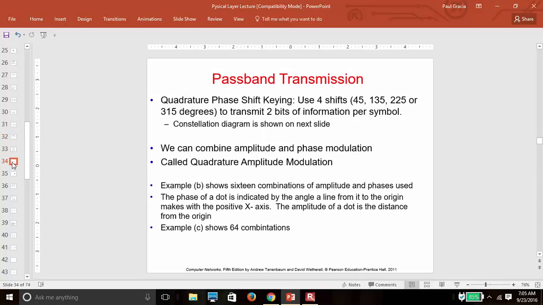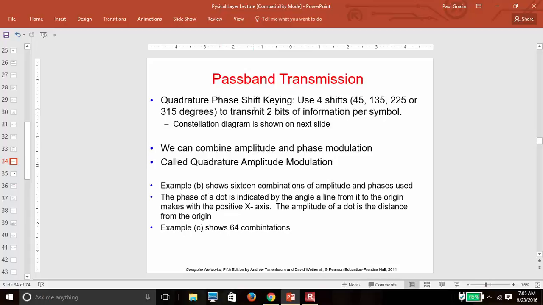But let's say instead you had 4 shifts, to 45, 135, 225, and 315 degrees. This lets you transmit 2 bits of information per symbol. So this could represent 0, this could represent 1, this could represent 2, this could represent the number 3. So basically 2 bits of information per symbol, and we have an example of that. We call that a constellation diagram.